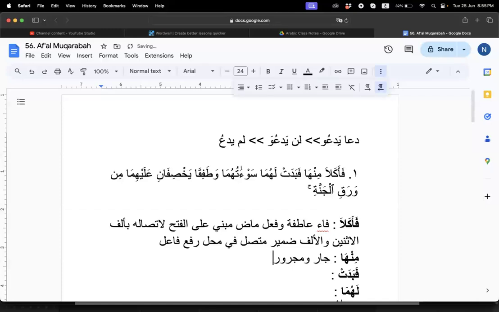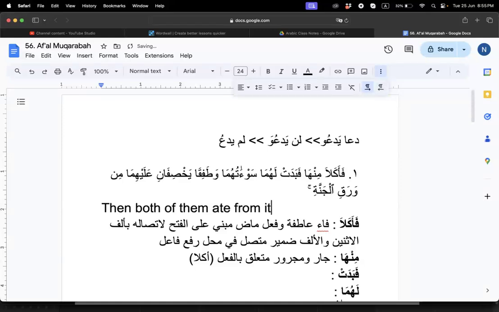Yes, good. Jar majrur muta'alliq bil fi'il akala. Can you translate this part first? Both of them eat from it. Yes. Then both of them eat from it.